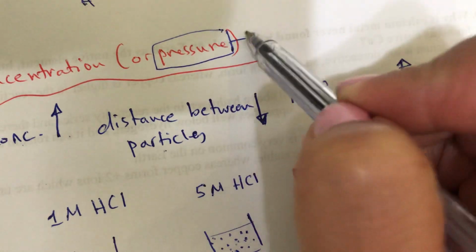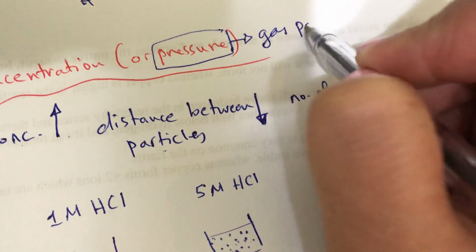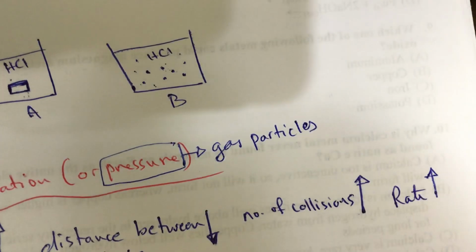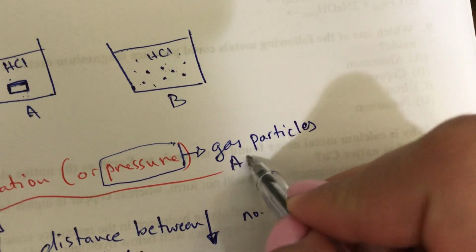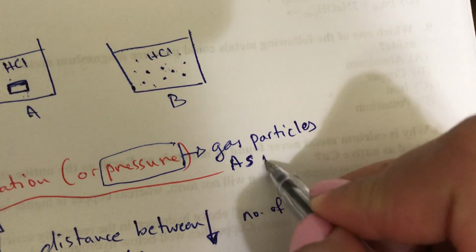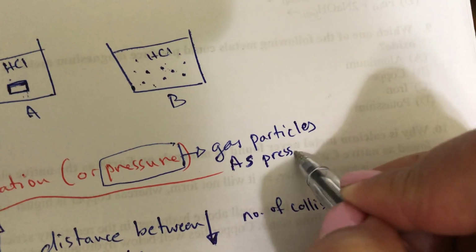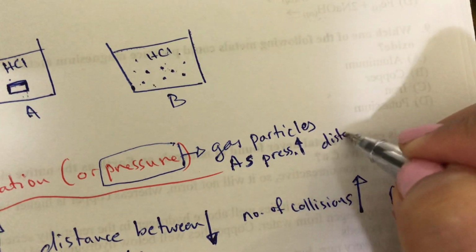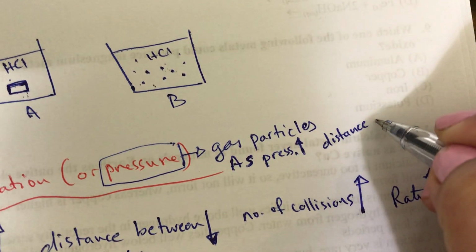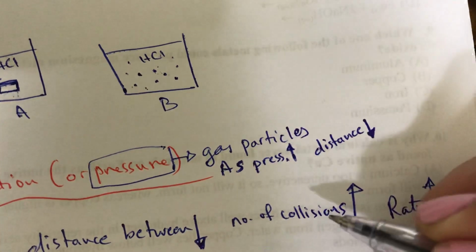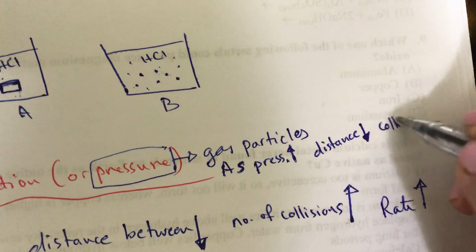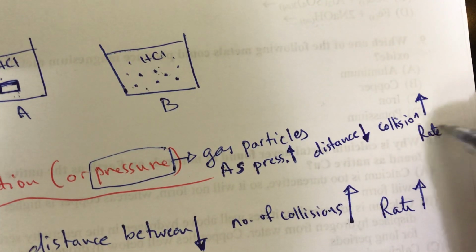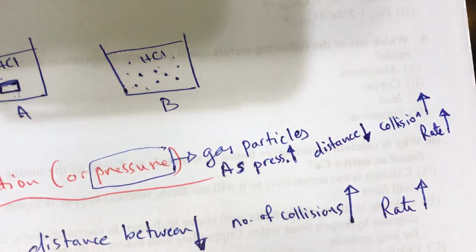Now, what about pressure? Pressure affects just the gas particles. So, what is the rule? As pressure increases, the same rule, distance between particles decreases, so collision between particles increases, so the rate of reaction increases.